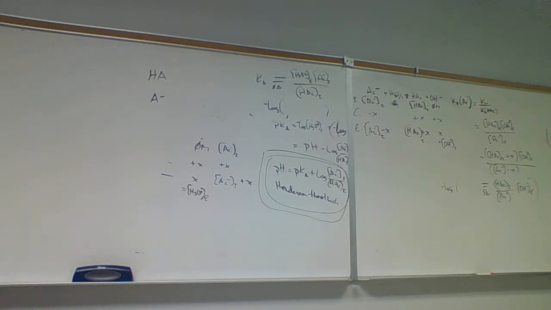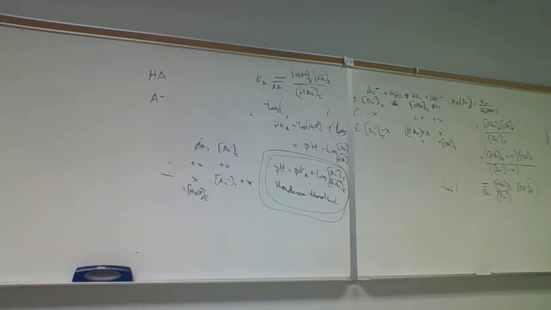So it'd just be the same equations. And so the Henderson-Hasselbalch for any acid-base buffer system is just pH is equal to pKa for the acid component plus the log of the base over the acid. And these are the initial concentrations here.